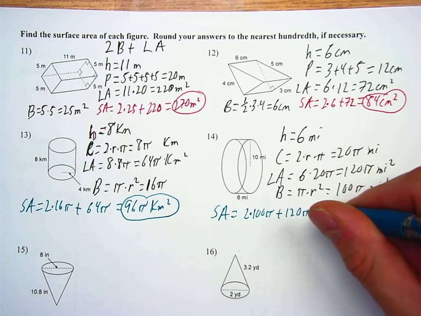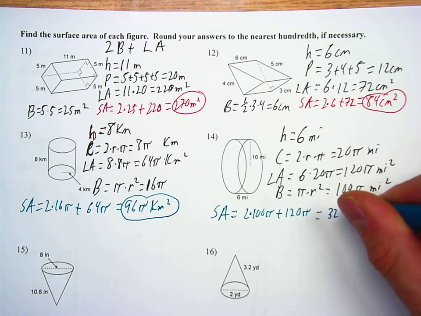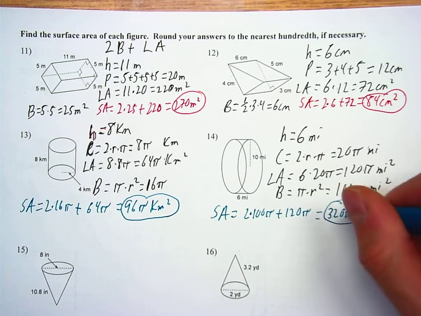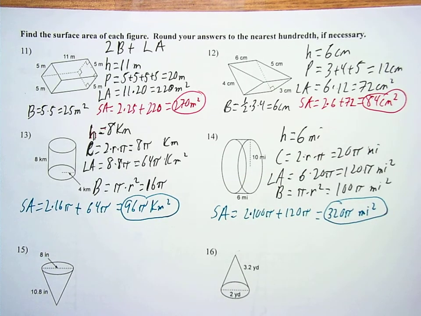So 200 plus another 120 is 320 pi square miles. Now you can write these two questions, questions 13 and 14, in terms of pi, as I've done, or you can multiply them out and give a decimal approximate. Either answer will be acceptable in terms of your answers here.